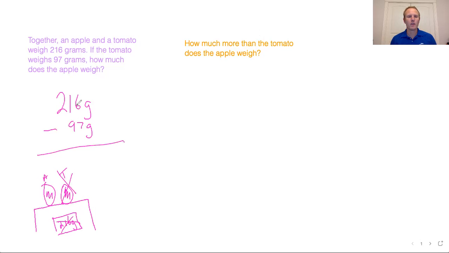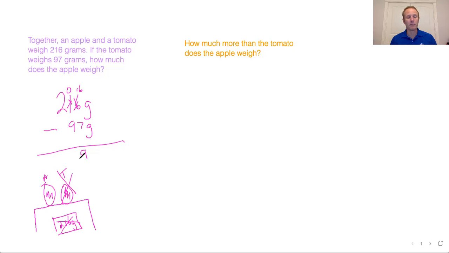So if we have 6 something, can we take 7 away? No, we can't. So we need to come over here to the 1. And we need to take that 10 and redistribute it. So there's 0 tens here now. We're going to move it over with a 6. 10 plus 6 is 16. 16 minus 7, and that is going to give us 9.